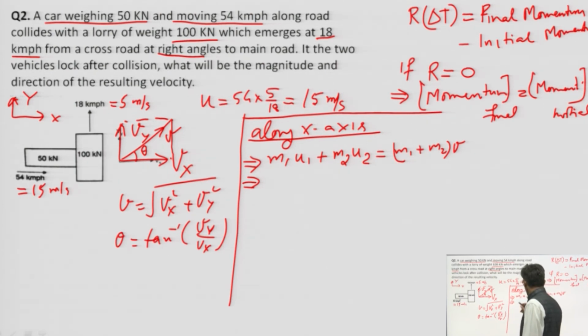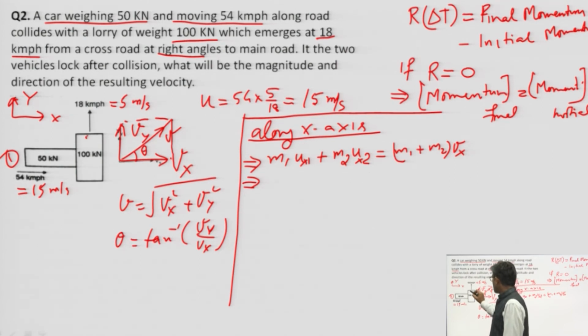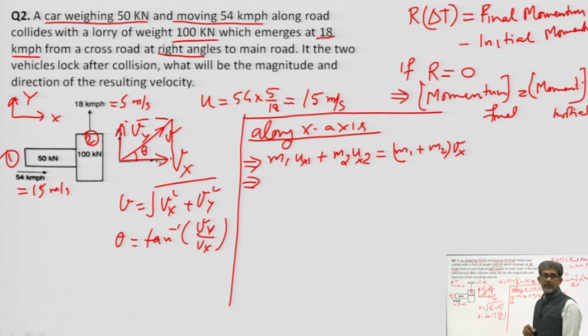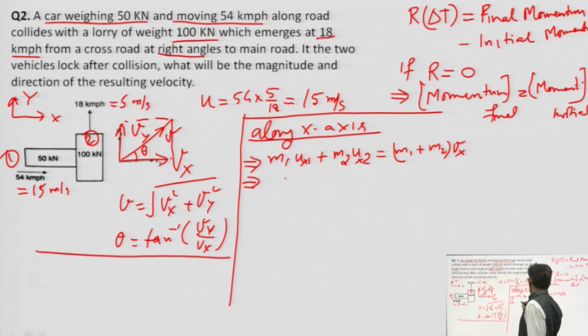So, it is better to write it as V x, and u x1 means the x component, horizontal, for this one, and u x2 means the horizontal component of velocity for the other vehicle. Here the value of m1 is 50 kilonewton.